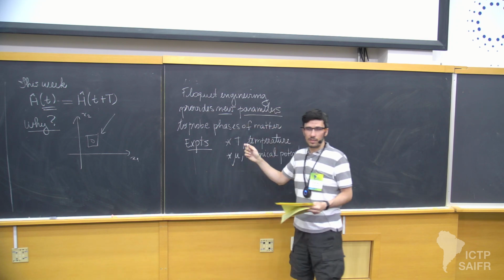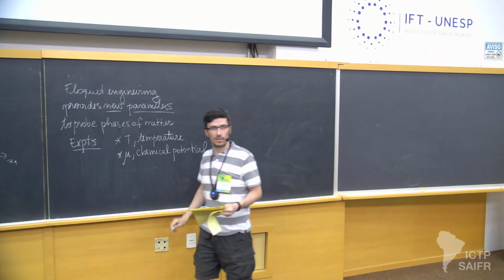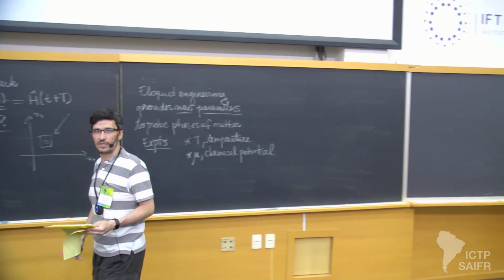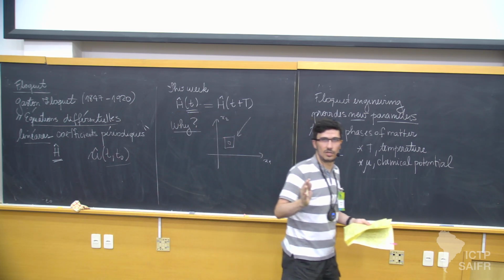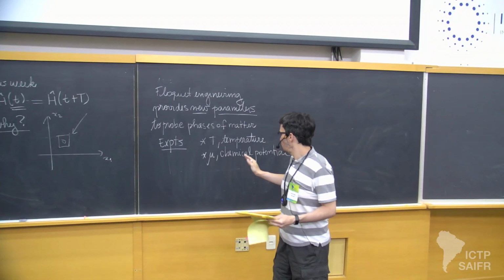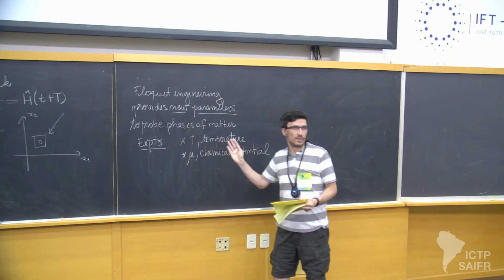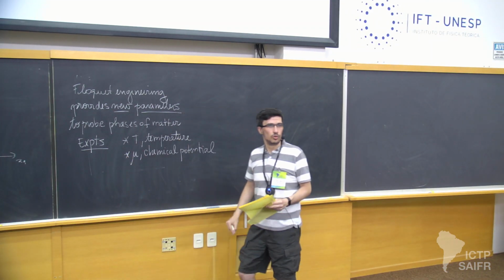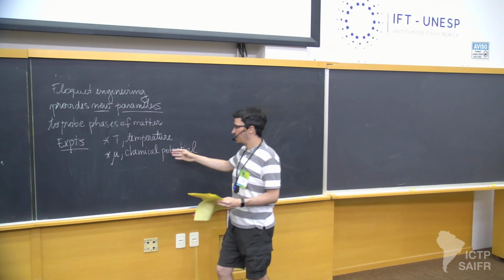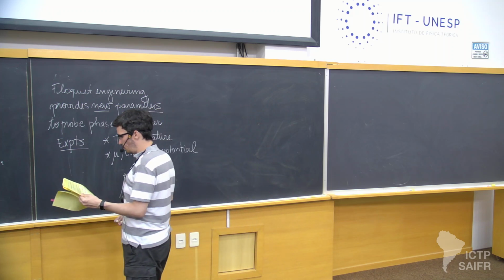Temperature, as you saw from last lecture, is an important knob, an important parameter in phase diagrams. And you can easily increase temperature experimentally. This is not very challenging. Chemical potential, you can also do by doping. You can have a voltage difference, and that will lead to doping in your sample. This can also be accessed experimentally.